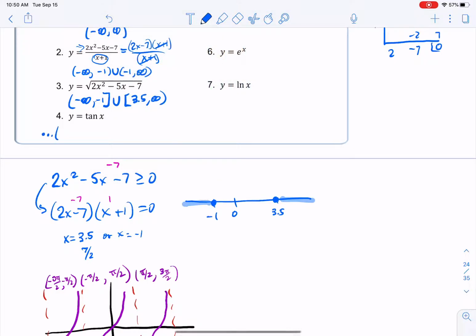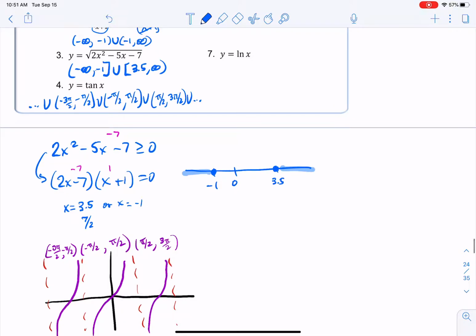So I could do, to start the pattern, negative 3 pi over 2 to negative pi over 2, union, negative pi over 2 to pi over 2, union, and then do maybe one more to make sure that we establish that pattern, pi over 2 to 3 pi over 2. And actually, that should have an extra little union symbol up here. There we go.